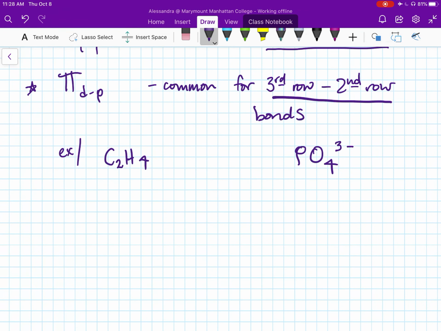So let's take C2H4. Let me draw its line bond structure quickly. We already described the bonding situation in this molecule in a previous video, but we have a double bond, and that double bond comes from the overlap of the 2p orbitals on each carbon.